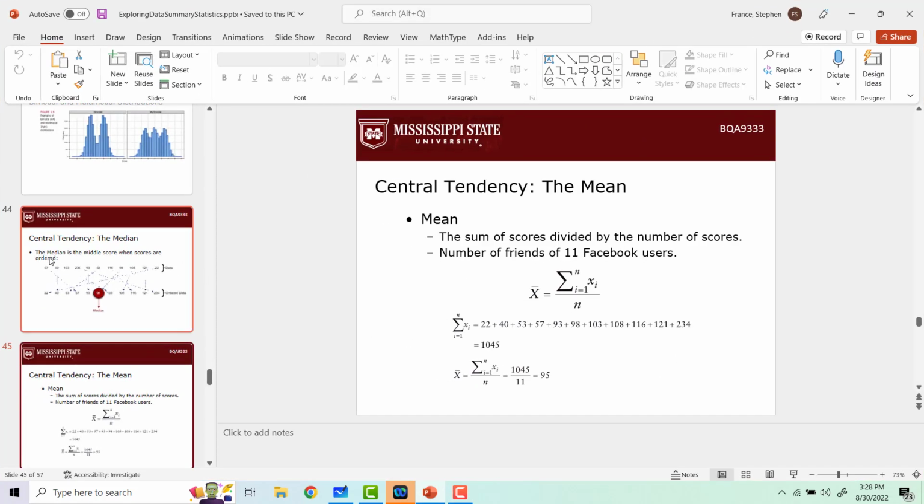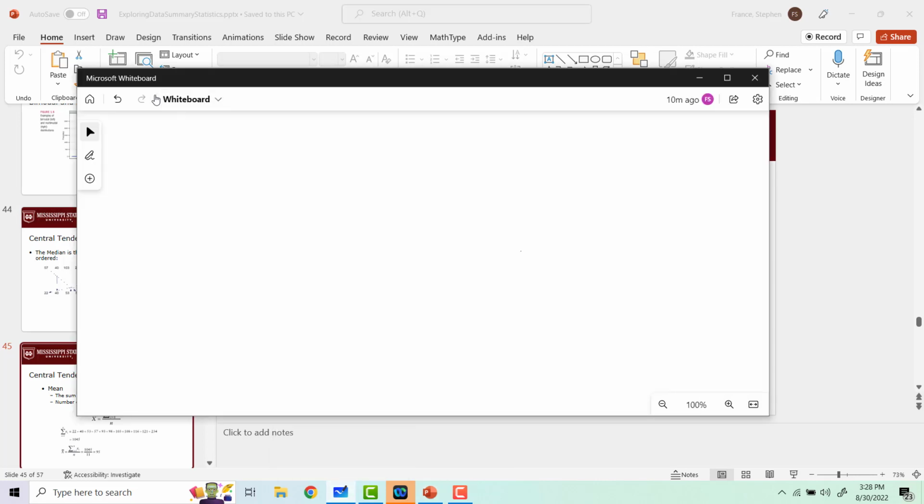Okay, so last class we finished off with some of these measures of central tendency. We've already talked about the mode, we've talked about the median, and now we can go on to the mean.